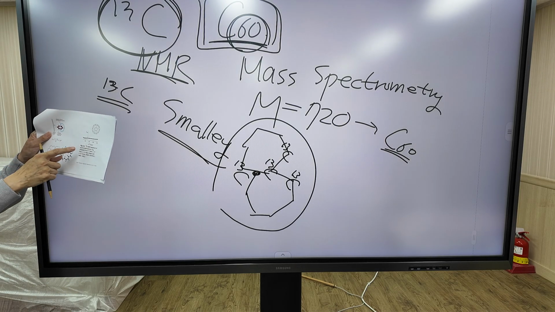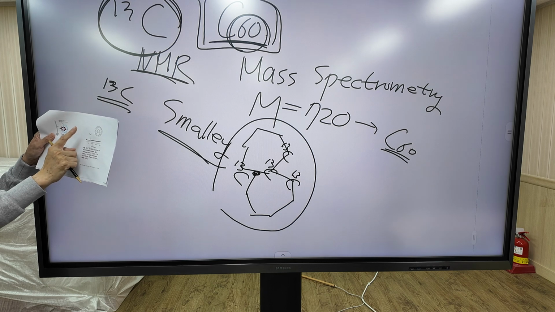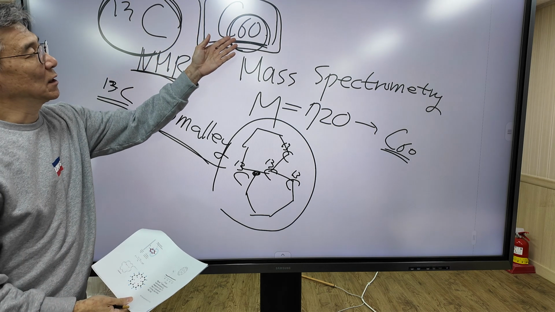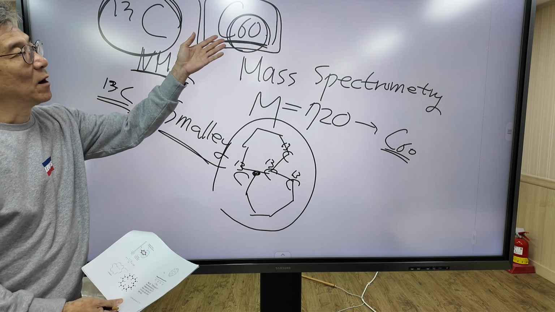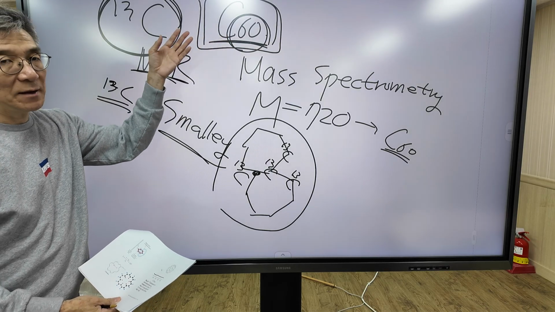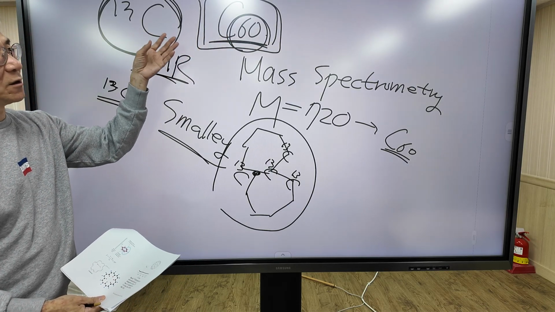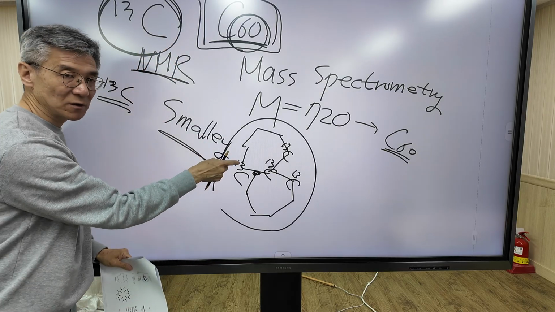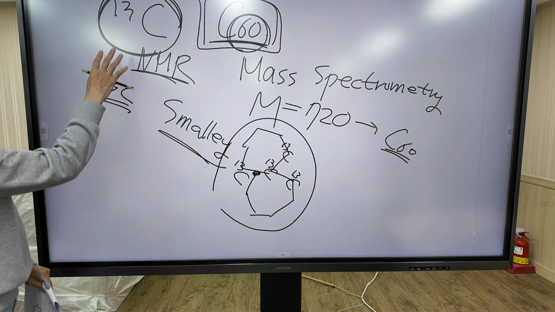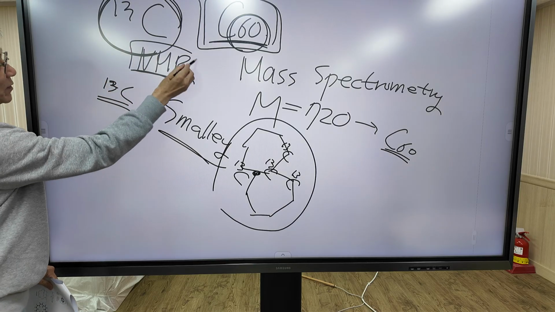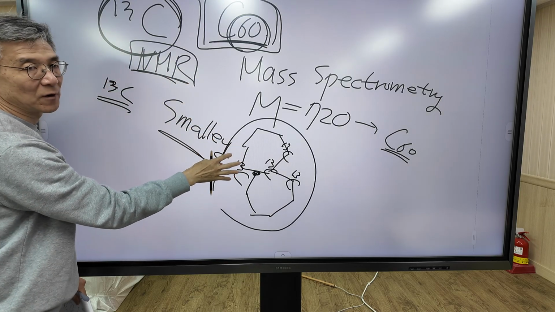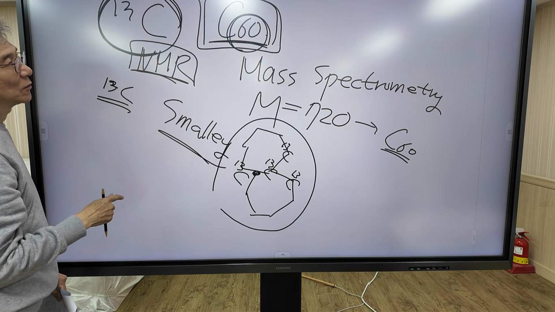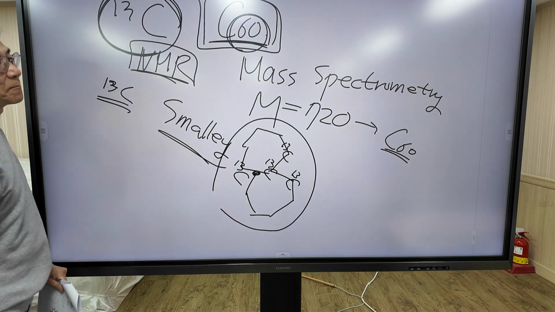It means that even though there are 60 carbons in the molecule, all the carbons are in the same environment. The only structure consistent with the observation is the Buckyball structure. So with this NMR spectrum, this structure was confirmed. NMR spectrum plays a very, very important role in determining the structure of carbon 60.